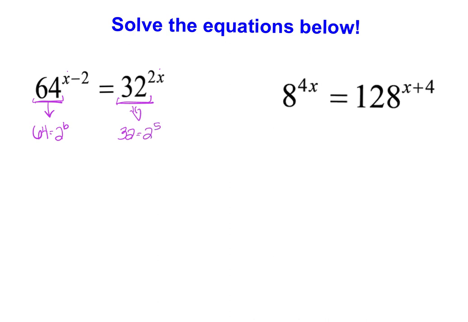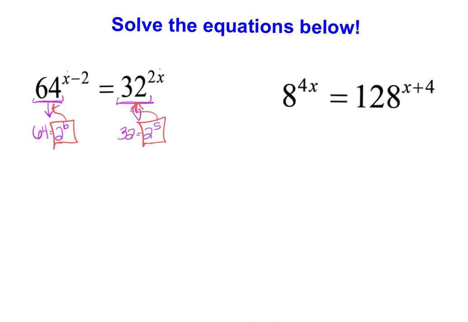Because I can rewrite both of these as powers of 2, they have a common base of 2. So sometimes you're going to have to rewrite both bases, find a common base, and then set your exponents equal.